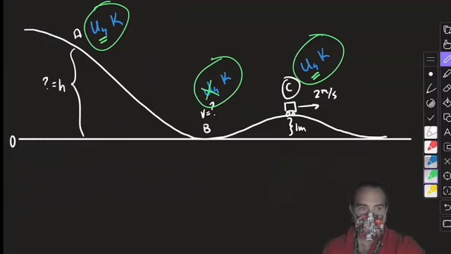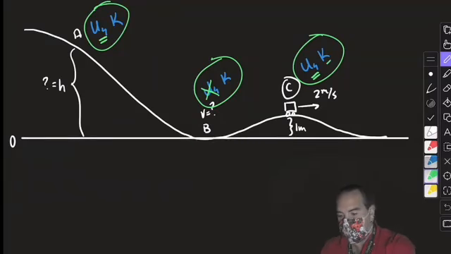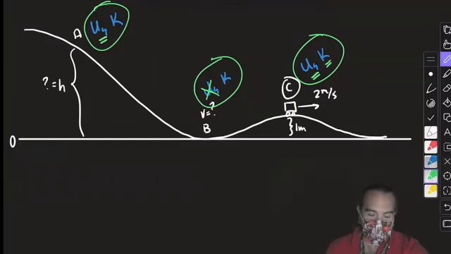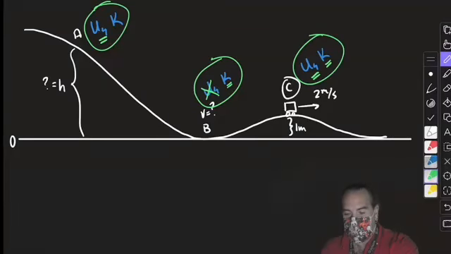Next, go through and identify the next form of energy. See if it exists at each state of the problem. We know it exists at state C. Why? I'm told it's 2 meters per second. If it's moving, it has kinetic energy. Next, I go to state B. They're asking for how fast it's going. I think that's a clear indication that it's probably got kinetic energy.